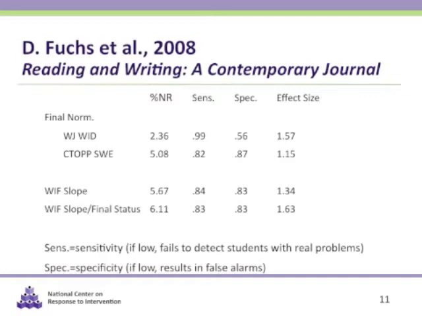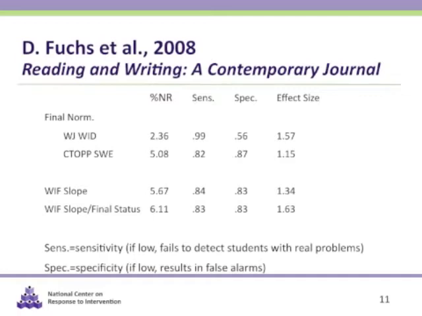So one method for designating responsive versus unresponsive students involved taking the students at the end of tutoring in first grade and looking at the Woodcock Word ID measure and taking students who were above the 25th percentile on that measure and calling them responsive, and the students who were below the 25th percentile were called unresponsive.